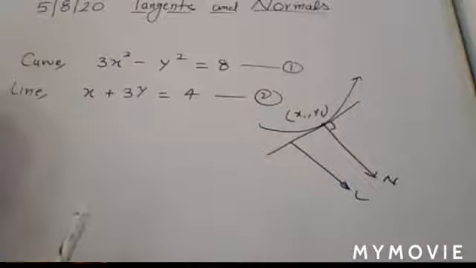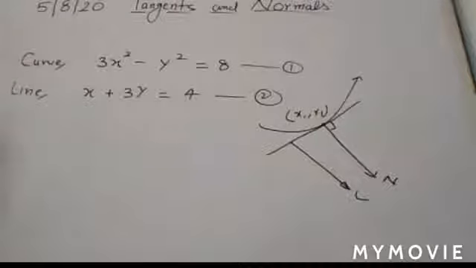So it is satisfying equation 1, which is the equation of the curve. Differentiate it and put the value of your point, so you have the slope of tangent at the given point. If the slope of tangent is known, you can very easily find the slope of normal also. How? Take the reciprocal of that and change its sign.